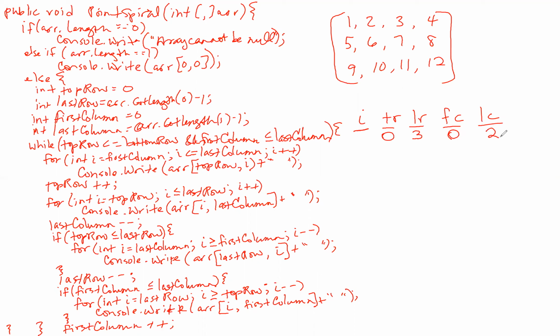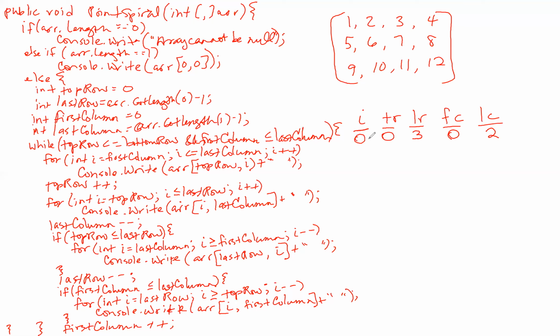All right, so while top row is less than or equal to the bottom row, and first column is less than or equal to the last column, we're meeting those conditions. We can go into our while loop, and then we say, okay, int I equals first column. So first column is 0.